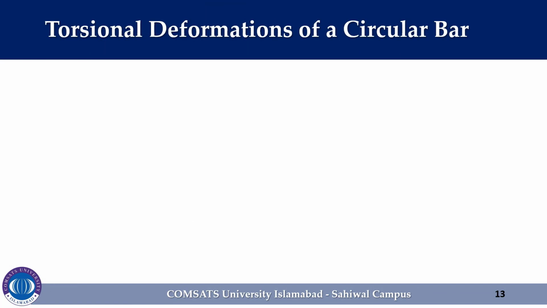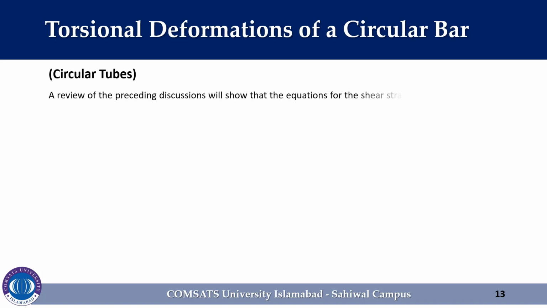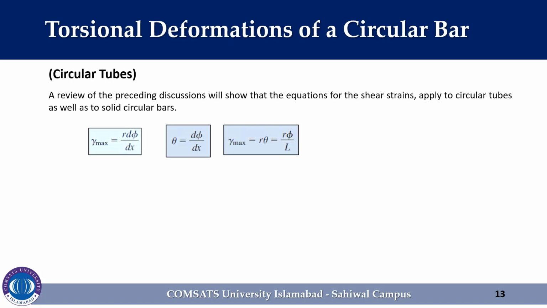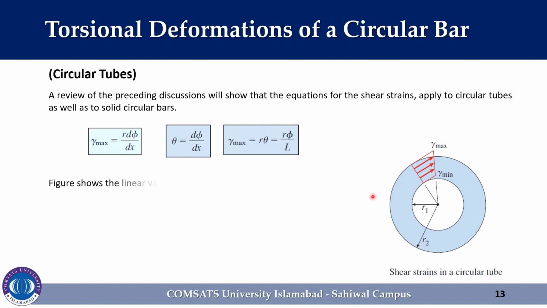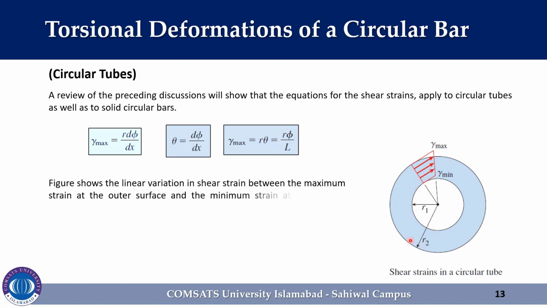Now we will discuss the shear strains in circular tubes. A review of the preceding discussions will show that the equations for shear strains discussed in previous sections apply to circular tubes as well as to solid circular bars. The figure shows the linear variation in shear strains between the maximum strain at the outer surface and the minimum strain at the interior surface.